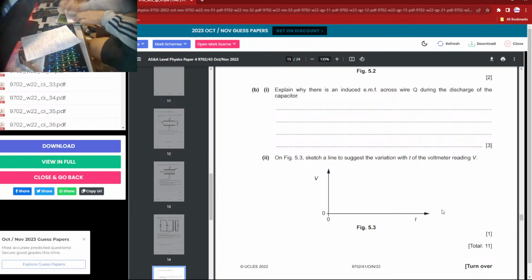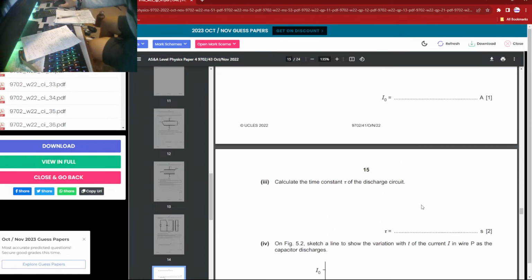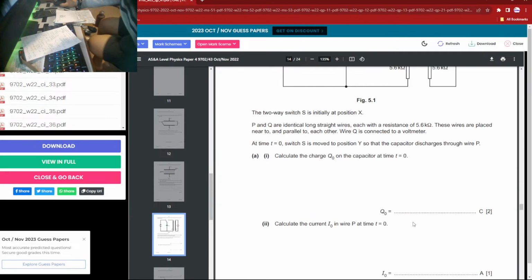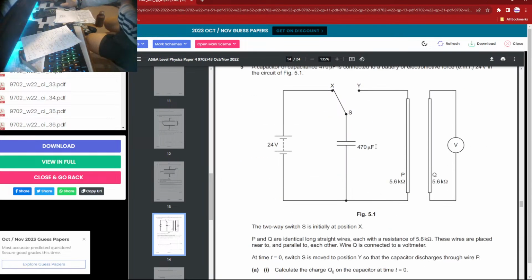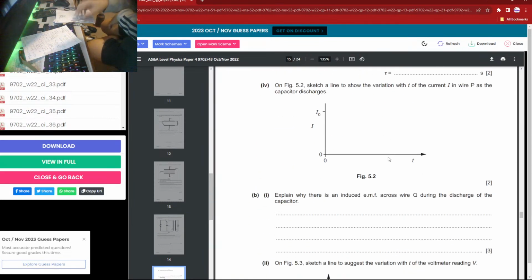So the graph would be, okay, as the capacitor discharges, you will have a large current going through here, so there's a large change in EMF. So in the beginning, you would have a huge spike here.